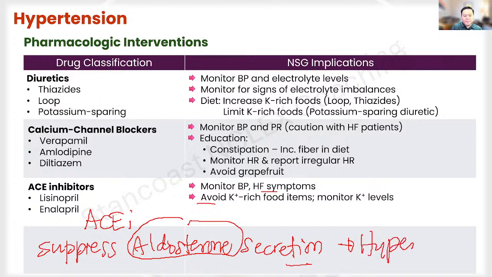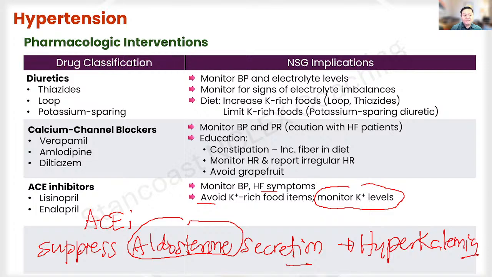And that is why we have to teach our patient to avoid intake of potassium-rich foods, because they're going to be prone to developing hyperkalemia. So make sure that we're also monitoring their potassium levels. They need to have that, okay?